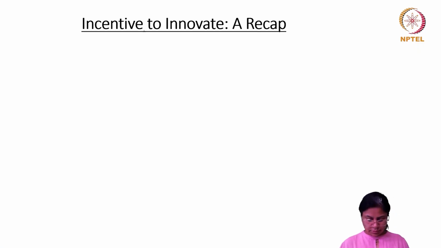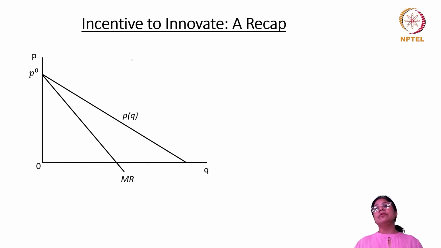Hello everyone. We will continue our discussion on which type of market structure supports innovation. First, we will have a quick recap, particularly the diagrammatic representation that we have seen earlier.